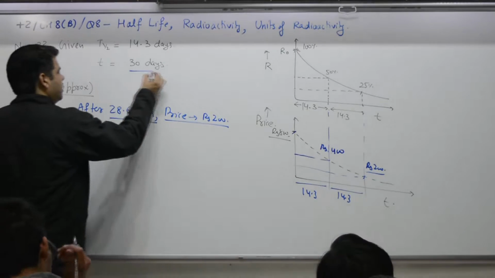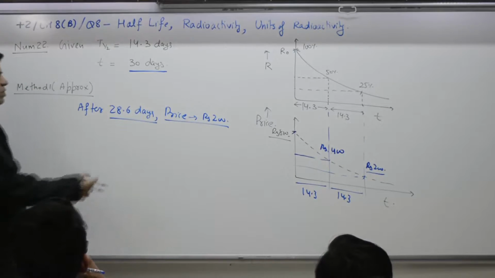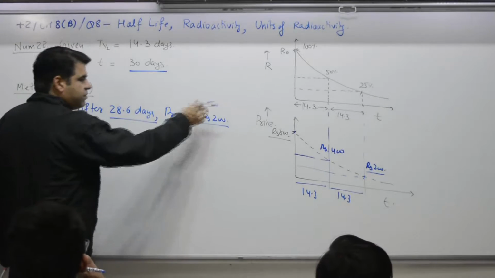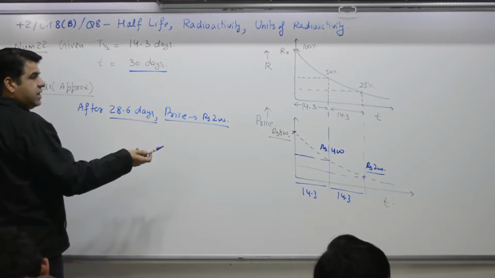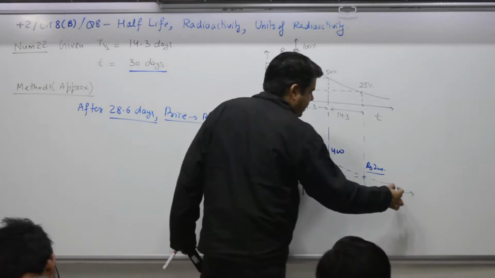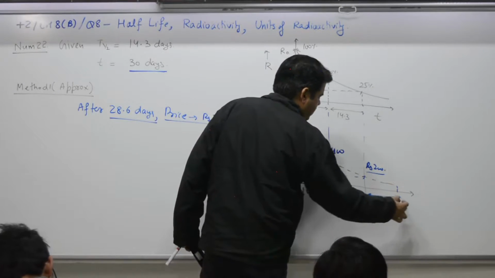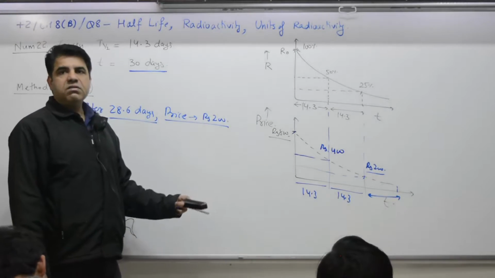But you want to know after 30 days. So you can come out with maybe 5, 10, 15 rupees less. It depends on the next half-life: the price will reduce from 200 to 100 in how many days? 14.3 days.